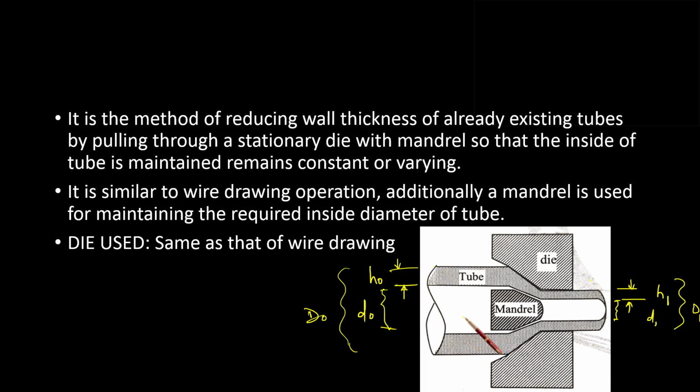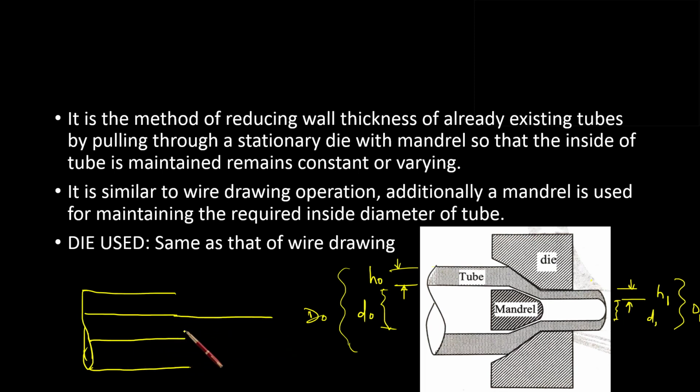Let's suppose the tube has this internal diameter, and we want to keep it the same, but we want the thickness to change.